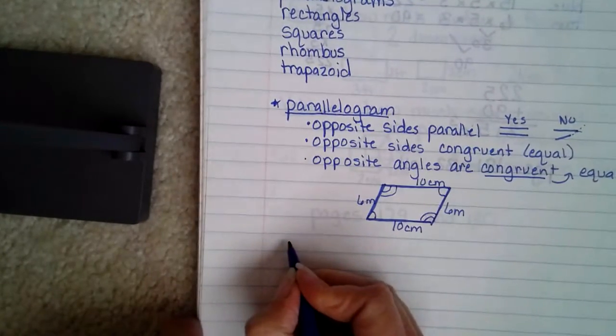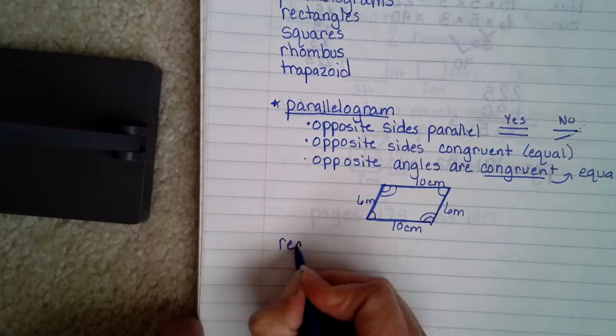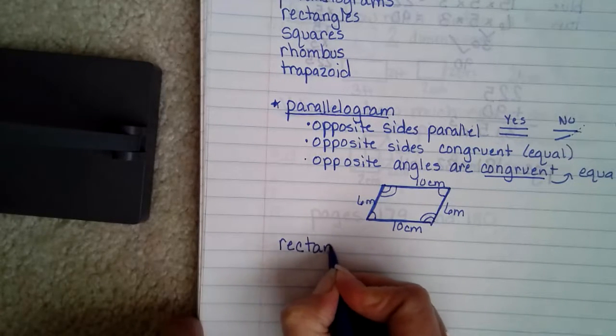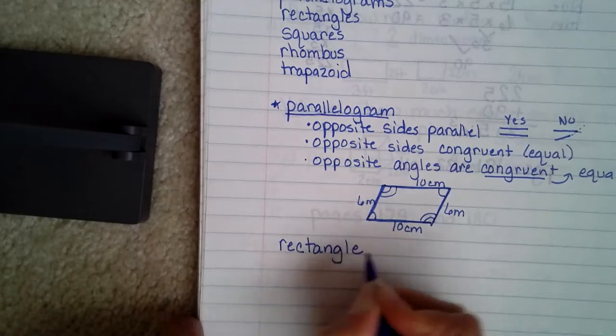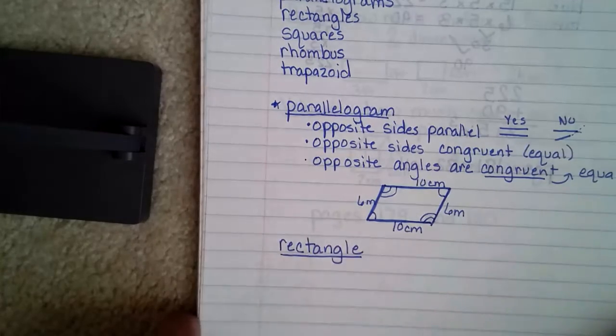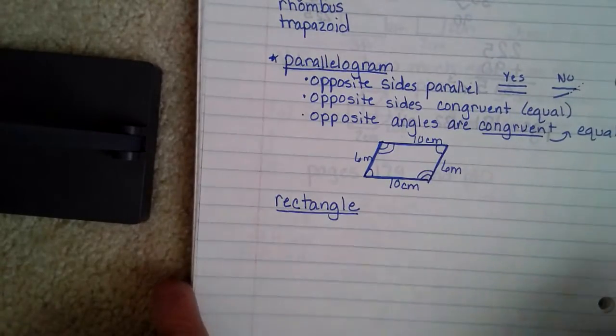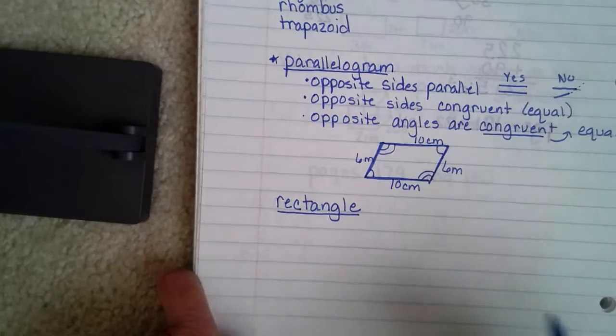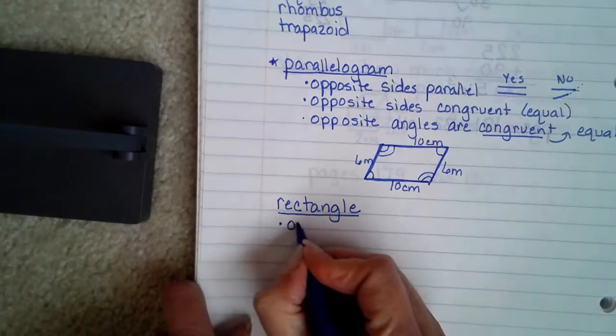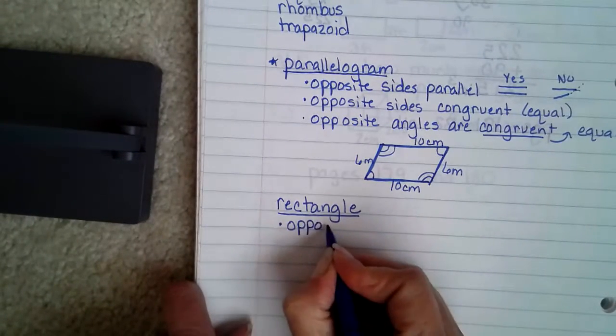Okay. A rectangle. Now a lot of you are a lot more familiar with a rectangle. A rectangle is actually a parallelogram. It just happens to be a special parallelogram. So opposite sides are parallel, just like the parallelogram.